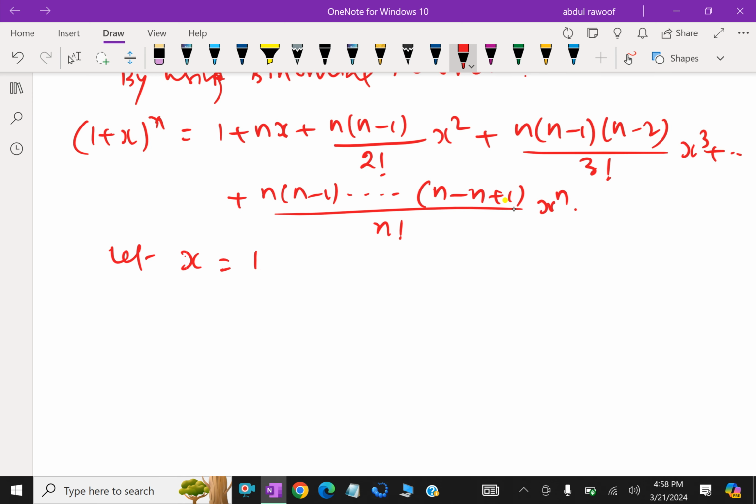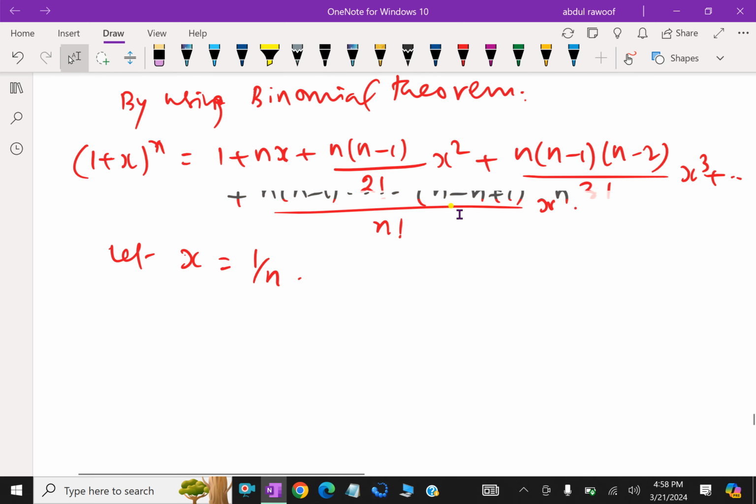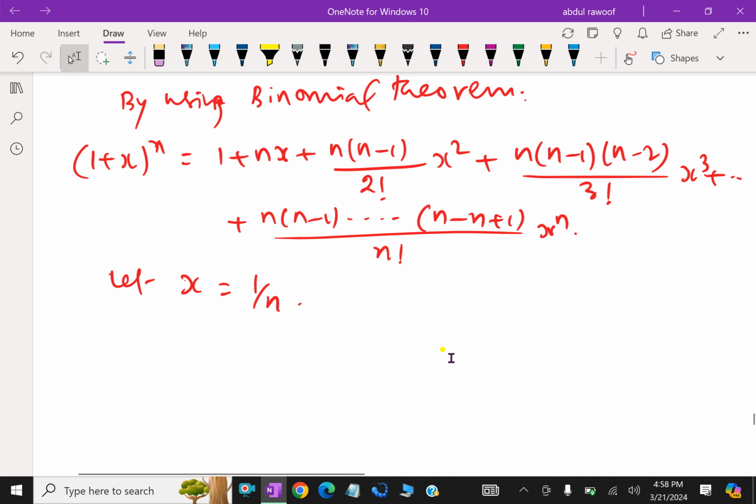By using this binomial theorem, let x equal to 1 over n. That means we are using here x as 1 over n. What happened?